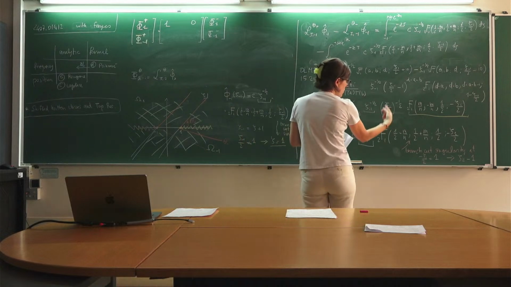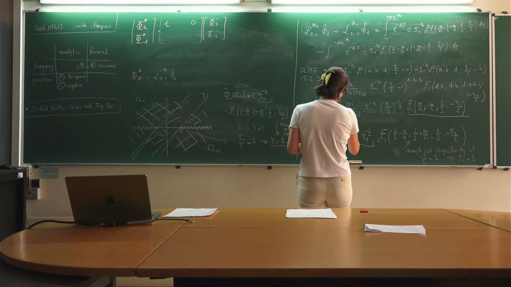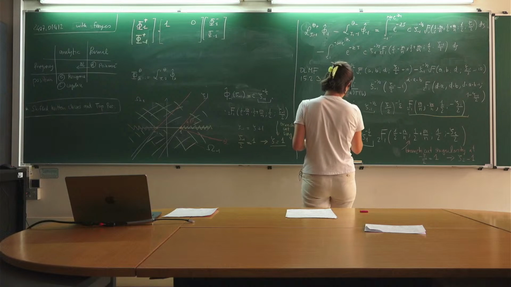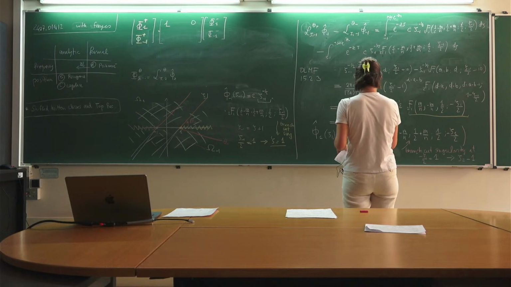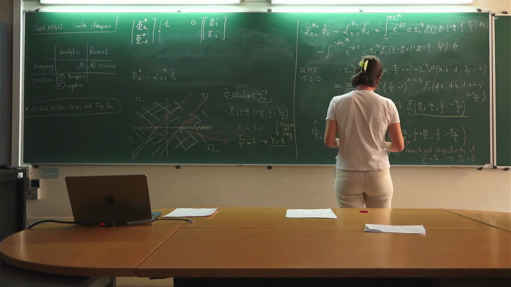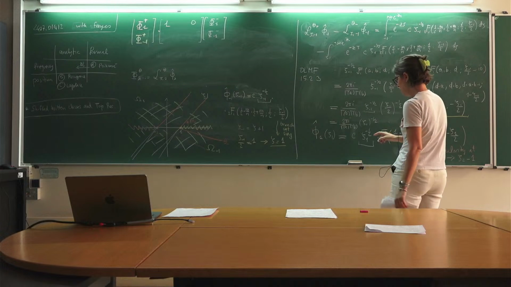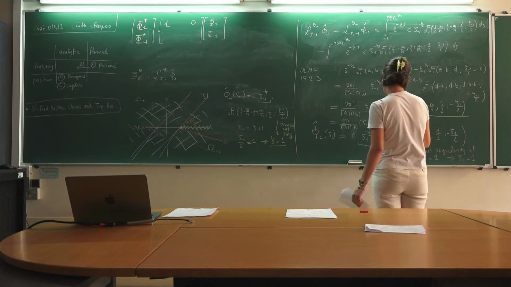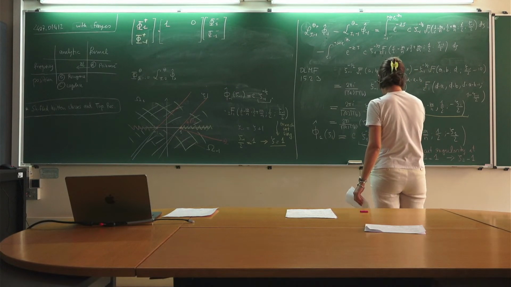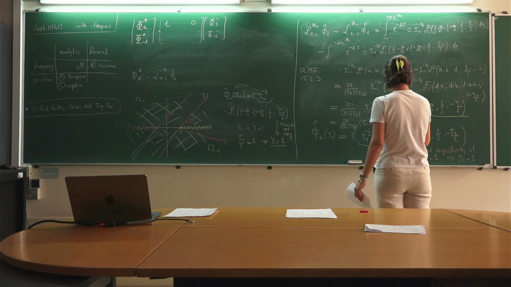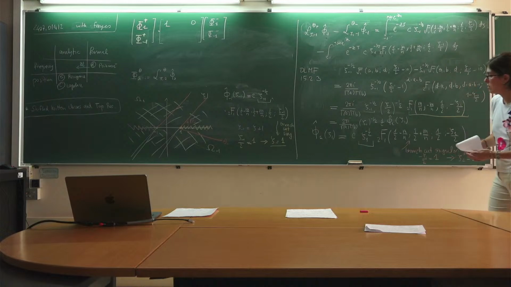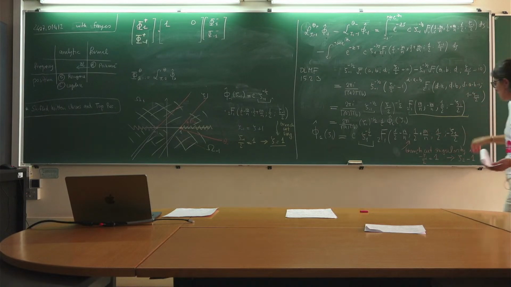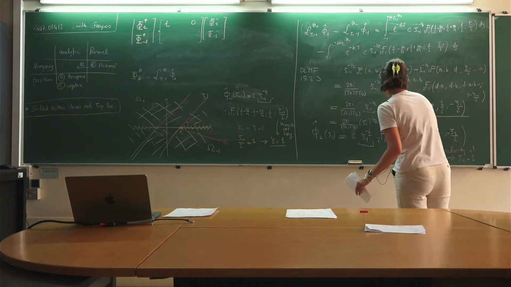An equivalent way of rewriting this hypergeometric is 2 pi i, gamma A, gamma B, zeta 1 to the minus 1/2, and then exactly what is written here. So up to this constant C, you get phi 1 at zeta 1. Is it readable?